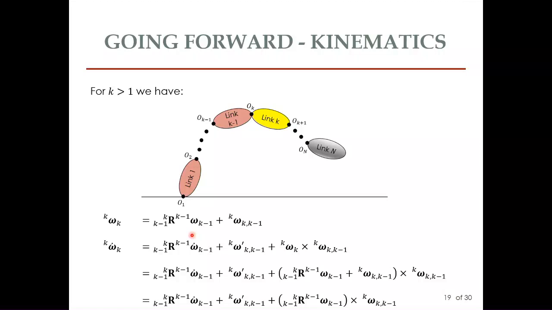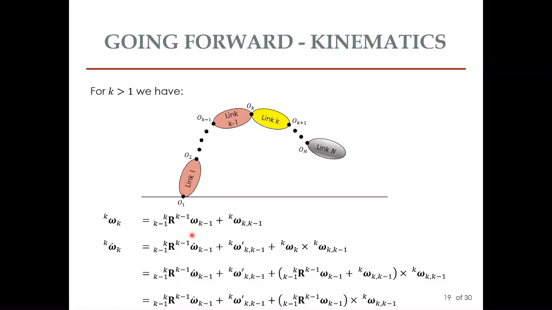So we can work with it. We first rotate it to the current frame, yeah, so using this rotation matrix, and add to it the angular velocity of link k relative to k minus 1. Okay? So that everything is now in frame k. So this should be clear.